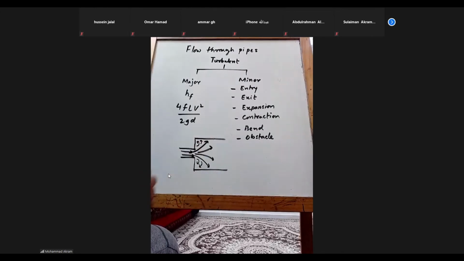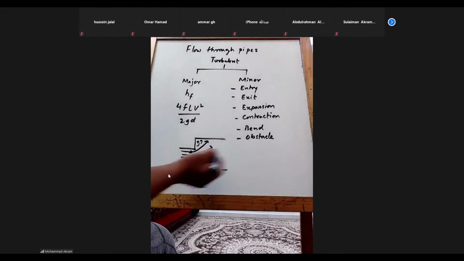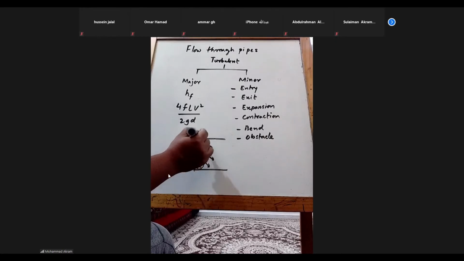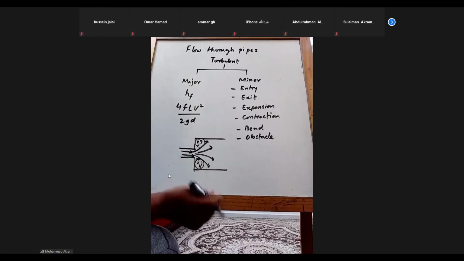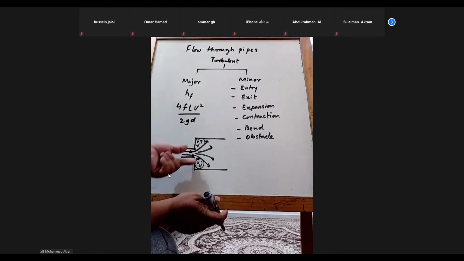So there is some loss of flow. The flow which is coming here will not go forward easily. It will recirculate and then go. So we have some loss of energy here. The momentum is now lost. So this is called loss due to the sudden expansion.